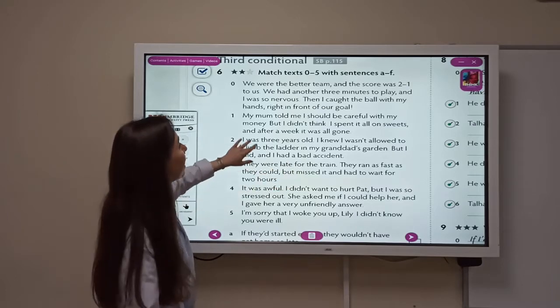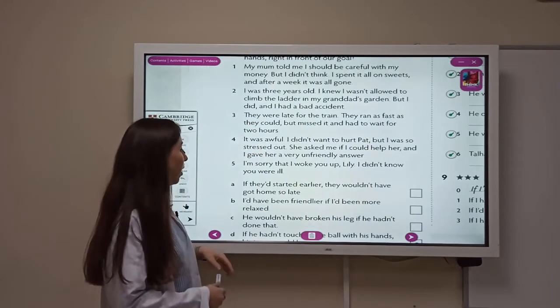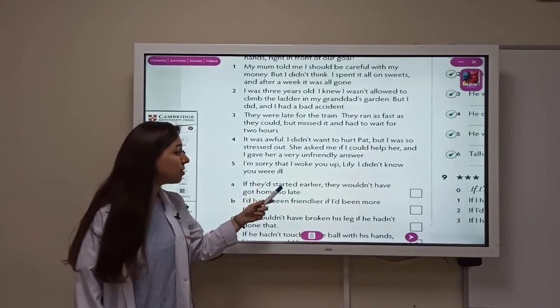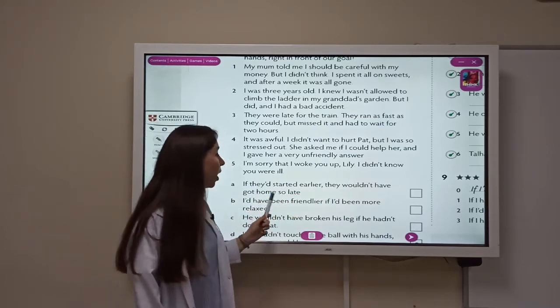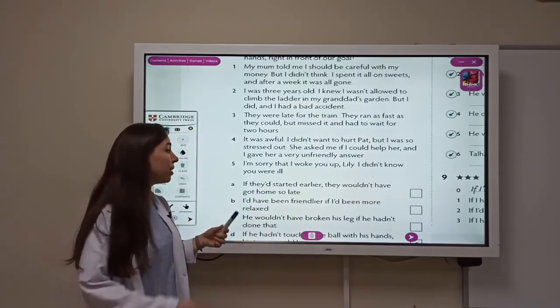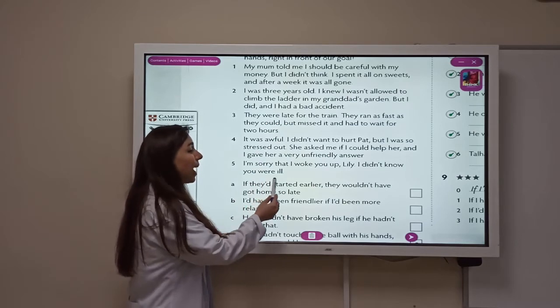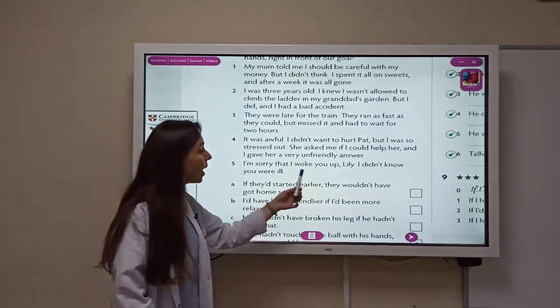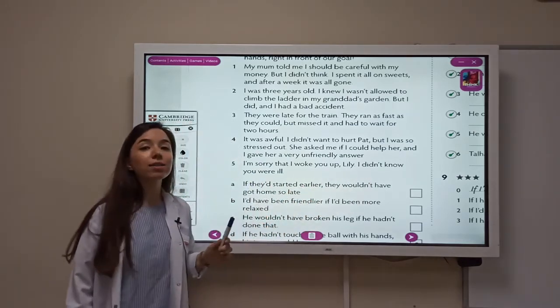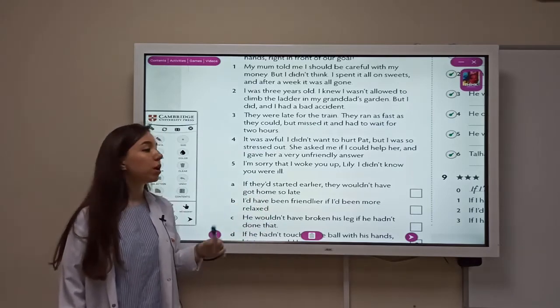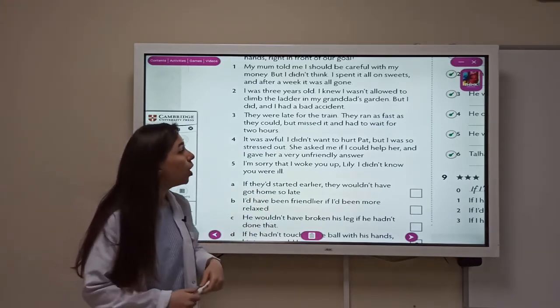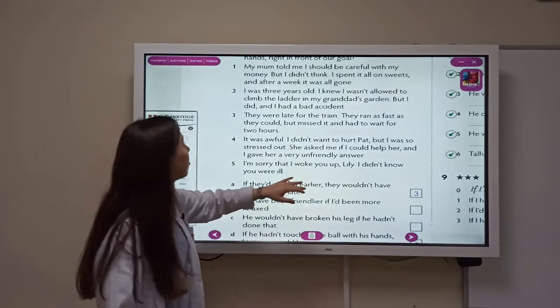Now we are going to match them with A to F. If they had started earlier, they wouldn't have got home so late. Look here: if clause, if they had started, past perfect; they wouldn't have got, would plus have plus past participle. Which one is this? This is number 3. Why?